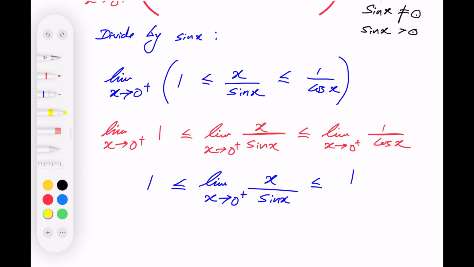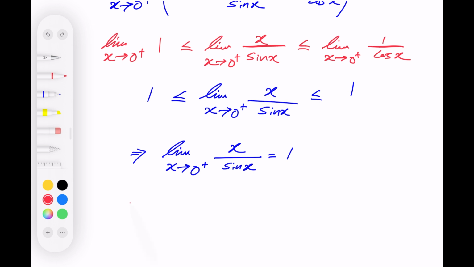Now according to this relationship, we can conclude that limit x approaches 0 from the right hand side x over sine x should be equal to 1, because that middle term is greater than or equal to 1 and it is less than or equal to 1. Because of that reason, we conclude that limit x approaches 0 from the right hand side x over sine x is equal to 1.